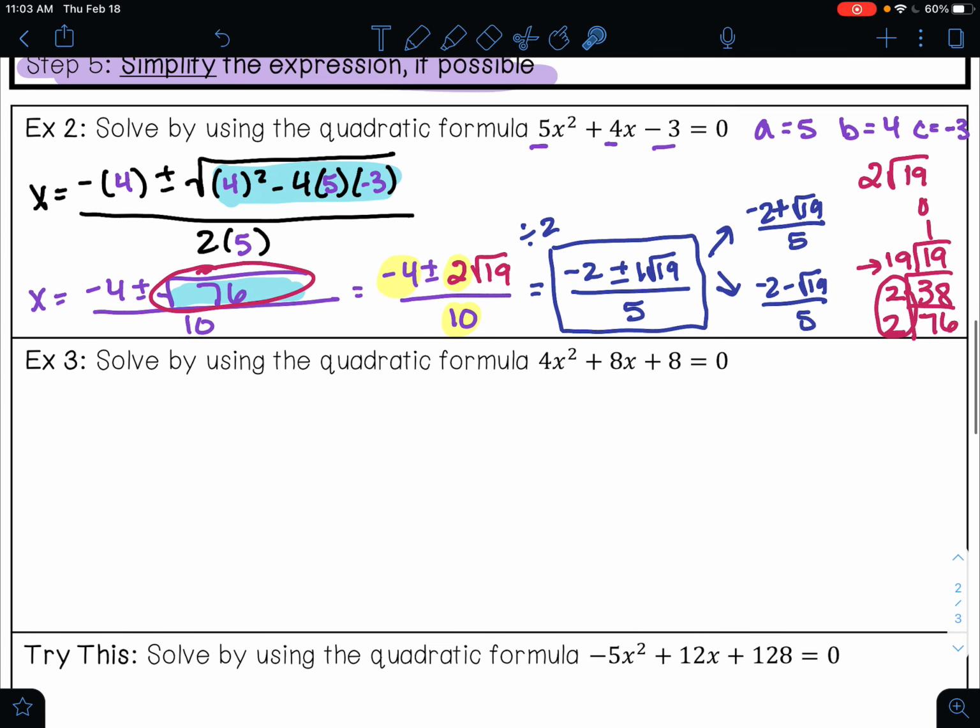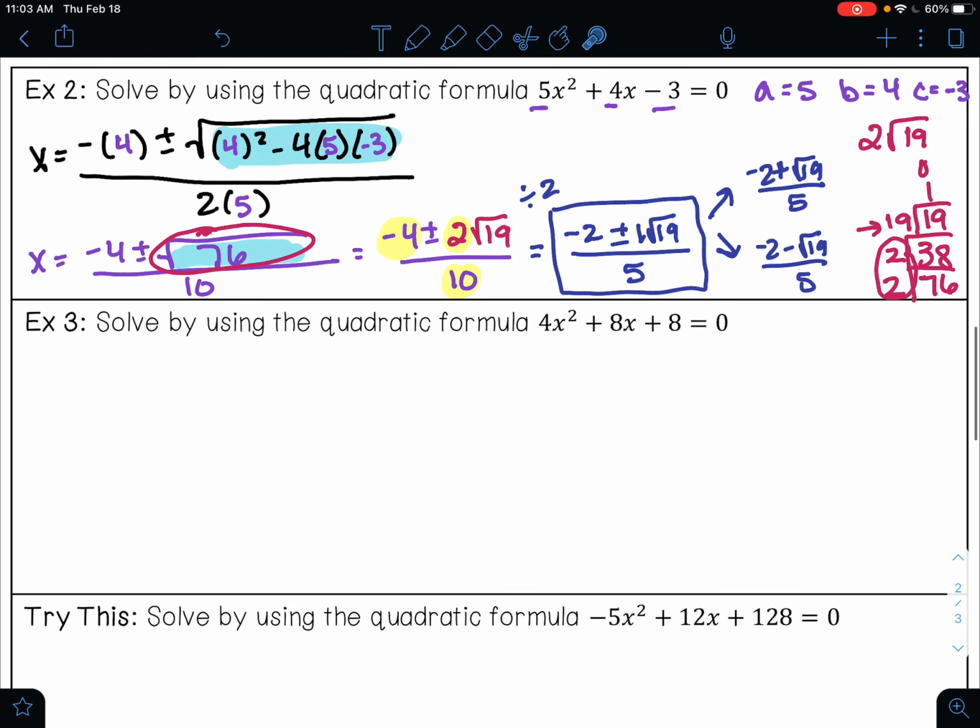Let's try example 3. So on example 3, when I look at this problem, I can see that this is in standard form, and because it's in standard form, I can identify A, B, and C. Here A is 4, B is 8, and my constant C is 8.